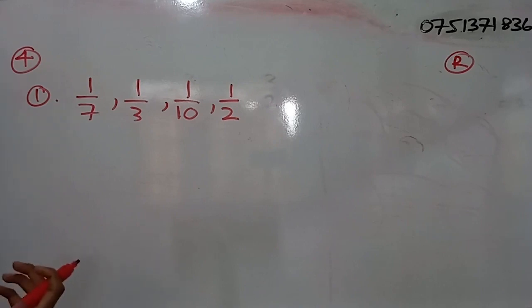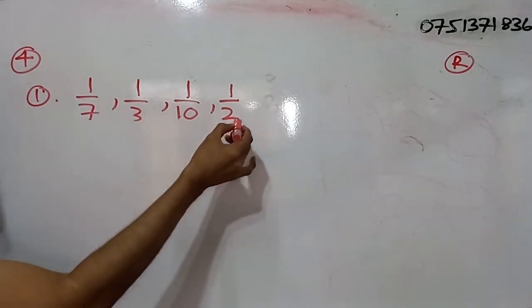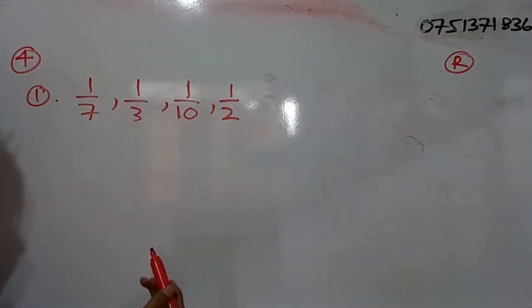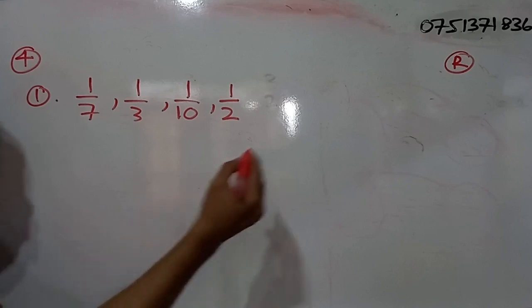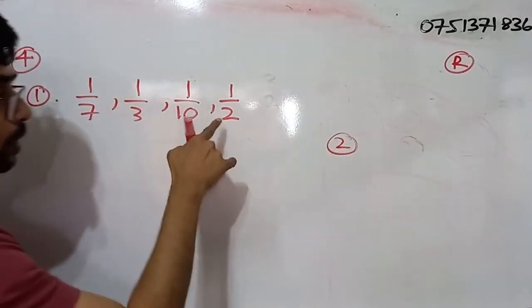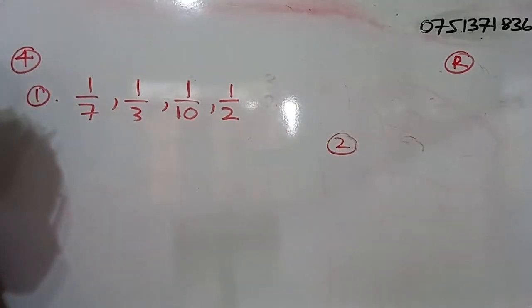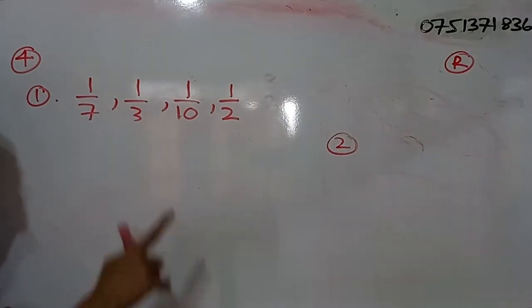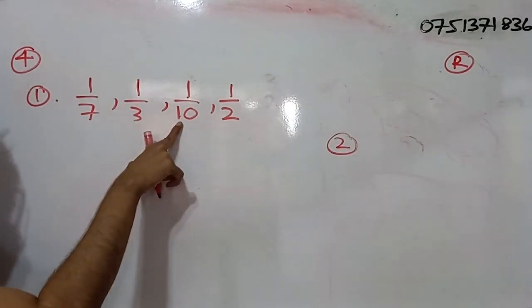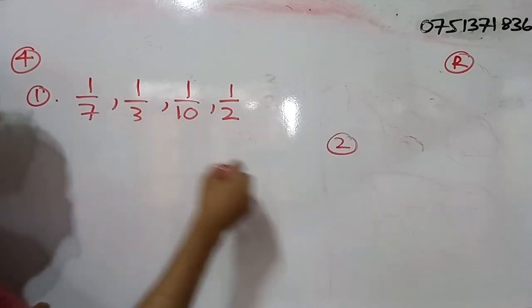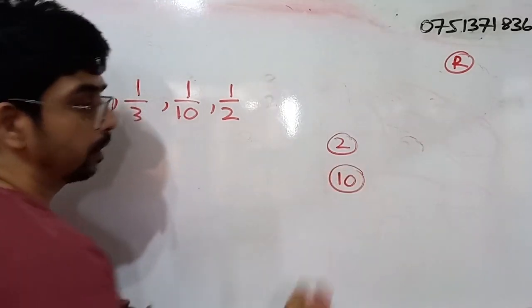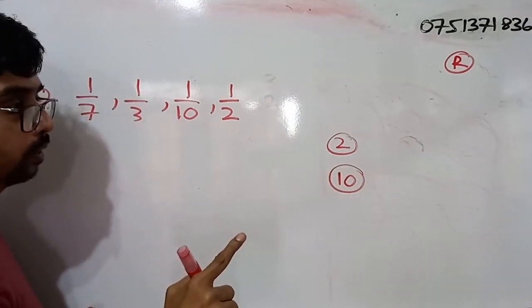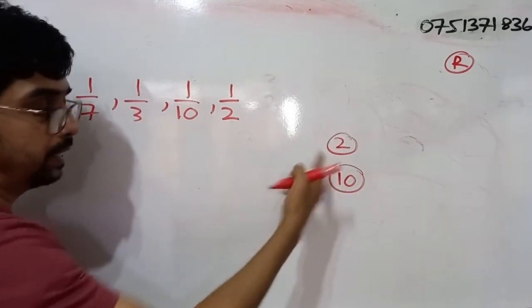We know when we compare unit fractions, right? Here, the denominator. What is the number? The number is 2. 2 is the denominator. Think about this fraction. The denominator is what? 10. We know, imagine that these are integers.